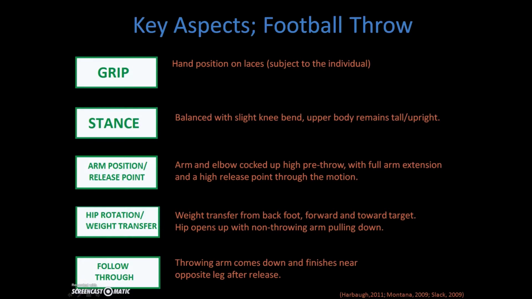Having a proper arm position and release point aids in accuracy, stops an improper throwing motion that can lead to injury, and aids in the time taken to release the ball as well. Transferring weight and, as a result, rotating the hips is important in allowing the arm to come through and aids in the accuracy of the throw as well. And obviously, as is the case with a lot of skills, the follow-through is a very important part also.